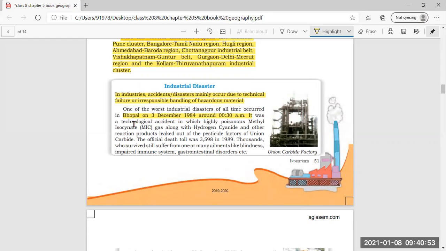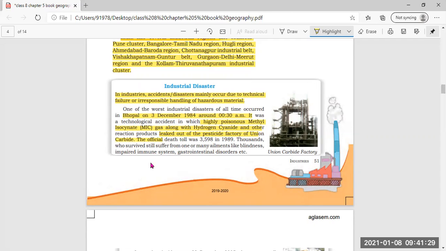This industrial disaster in Bhopal took place because of the leakage of this highly poisonous gas. So the factory was of Union Carbide.